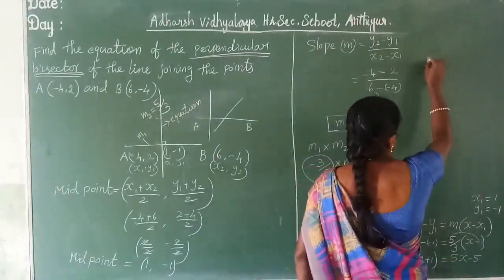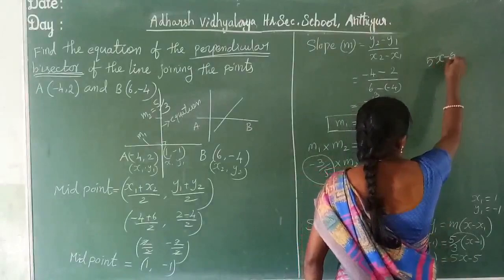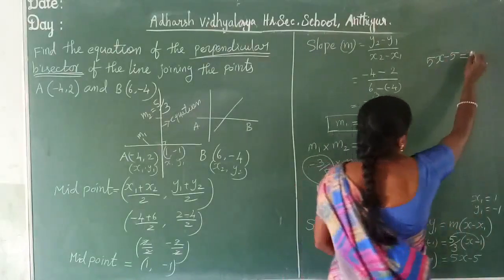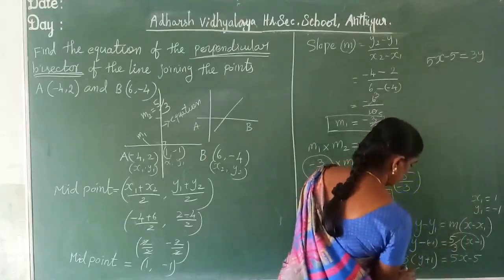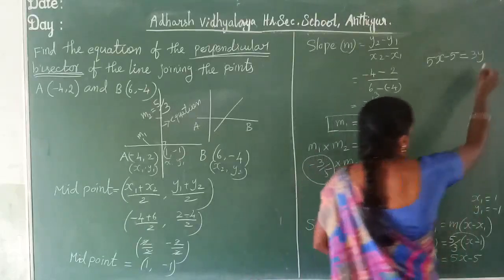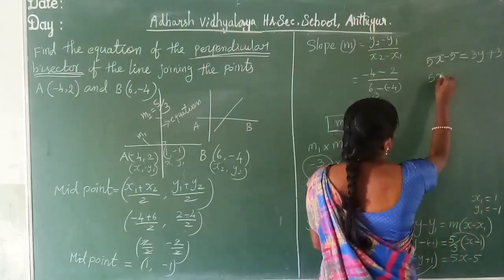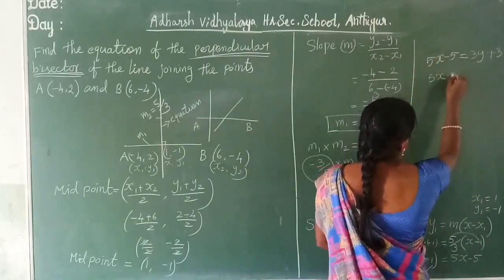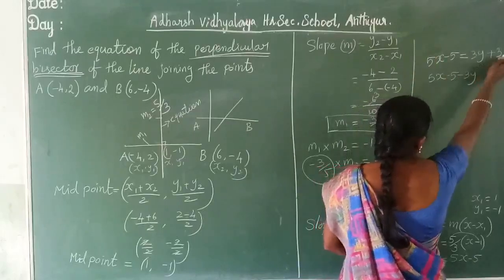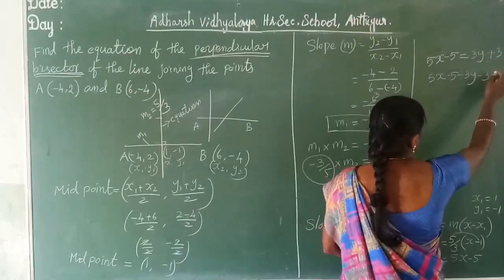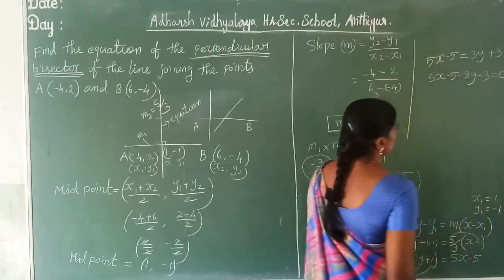Again simplify: 5x minus 5 equal to 3y plus 3. Bring 3y and 3 inside: 5x minus 5 minus 3y minus 3 equal to 0.